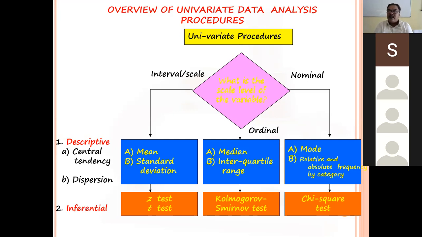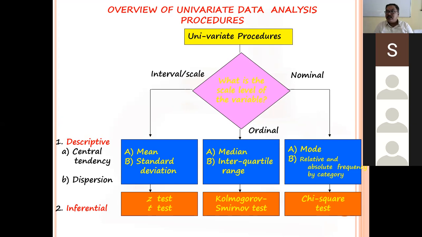So classifying like how many yes, how many no, how many urban students, how many rural students, how many boys, how many girls, how many goods, how many bads. Mode is the most repeated value, that is the frequency.